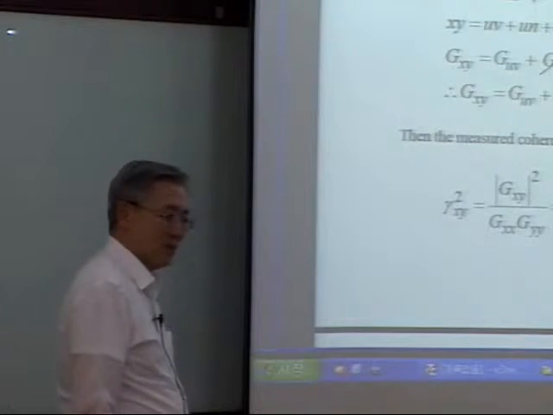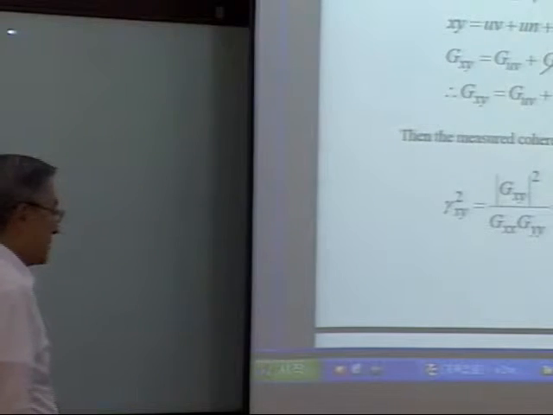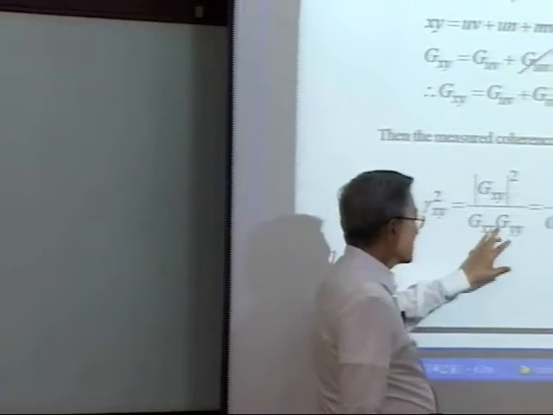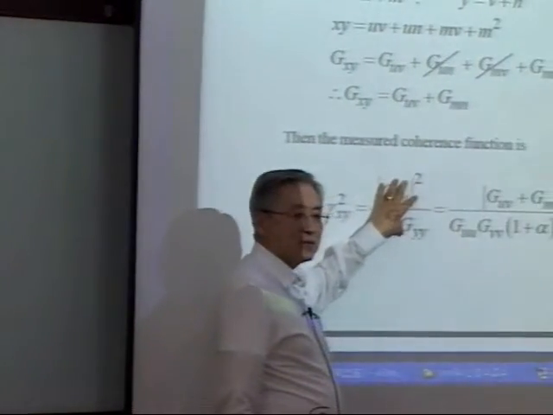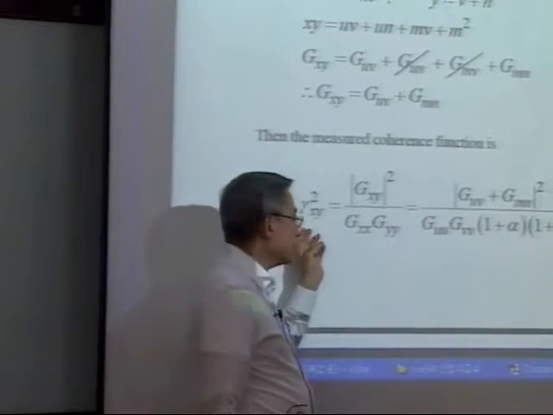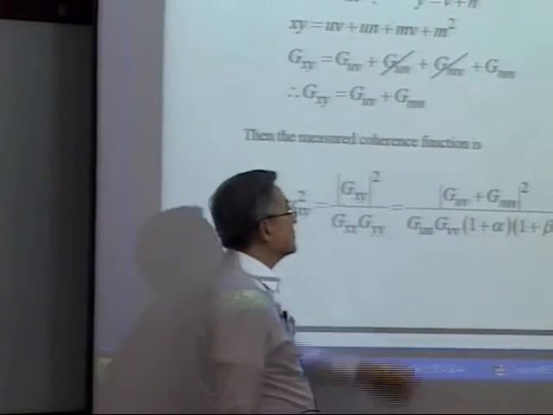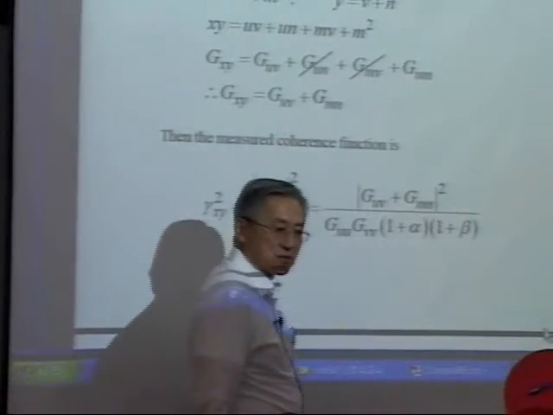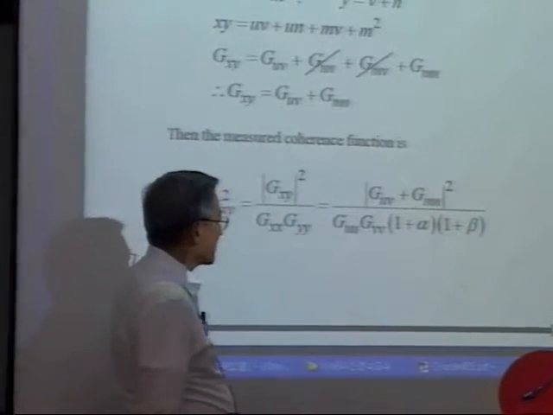Impedance mismatch. I don't think you have learned that, so anyway, I'll pass it through. So in this gamma xy square, this is what the measurement is related to. And as we know the relation with the noise, you can express it in that form.